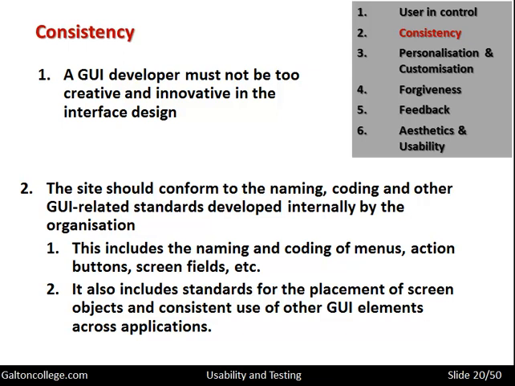So it should be able to link different pages to products and code numbers that it uses in its own business. So menus, for example, and action buttons and screen fields, etc. The naming of these should be consistent with the names of the products and even the departments or the part numbers or whatever. So there should be consistency between them.